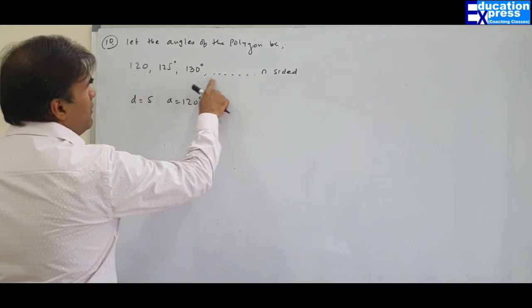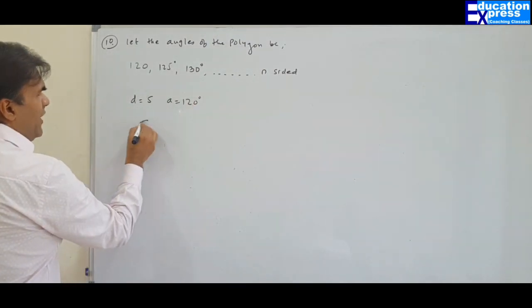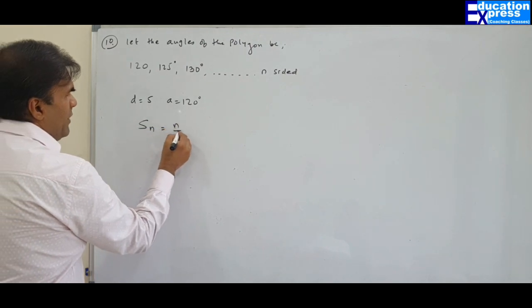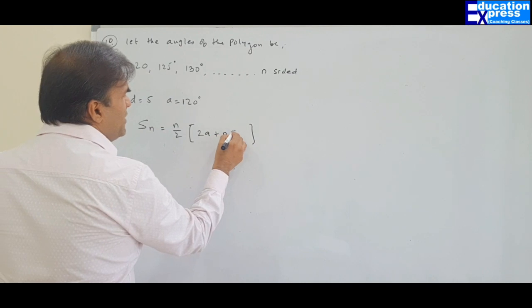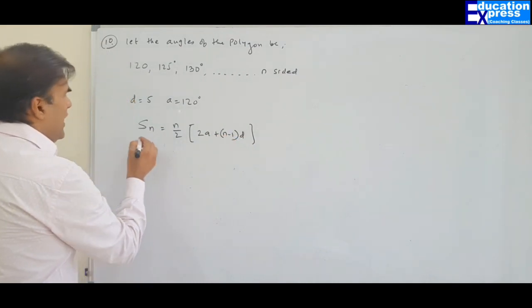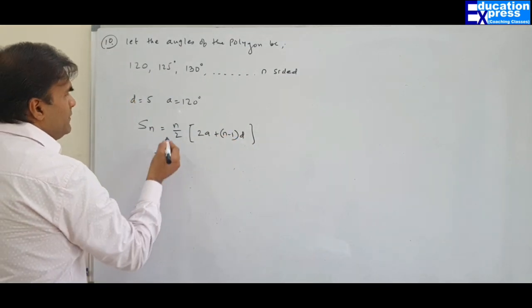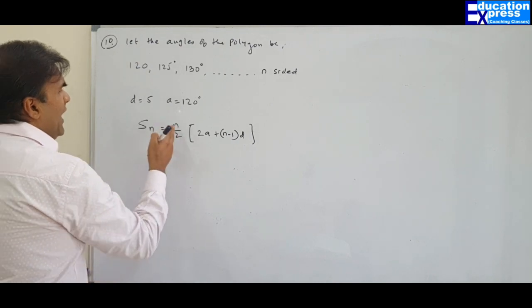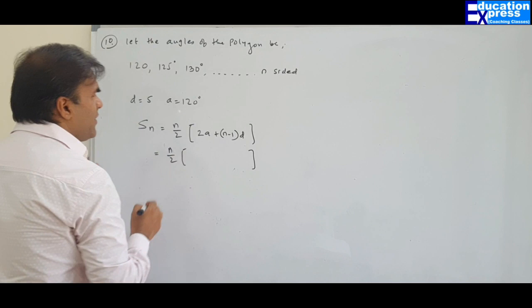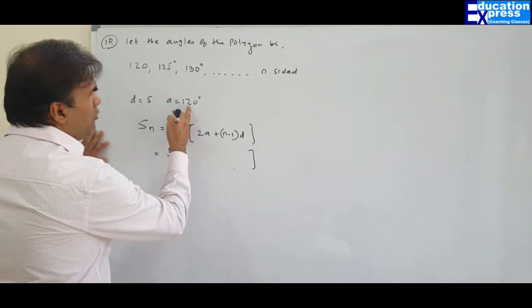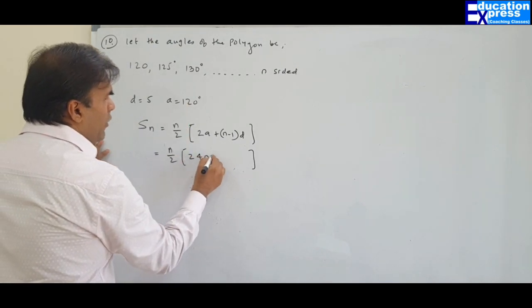Can you tell me the sum of all this series? Yes sir, we have done it. Sn equals n upon 2 times (2a plus (n minus 1) into d). We don't know the sum, and n is going to be n only. We are not aware of the number of sides. 2a, 2 into 120, is 240.